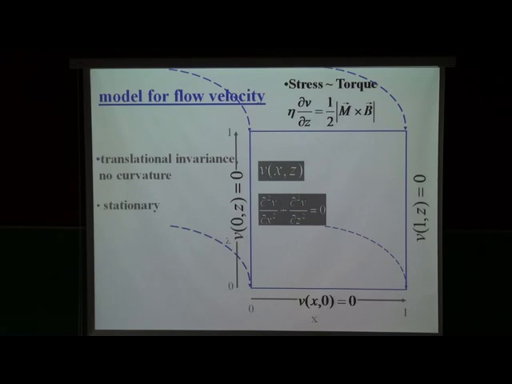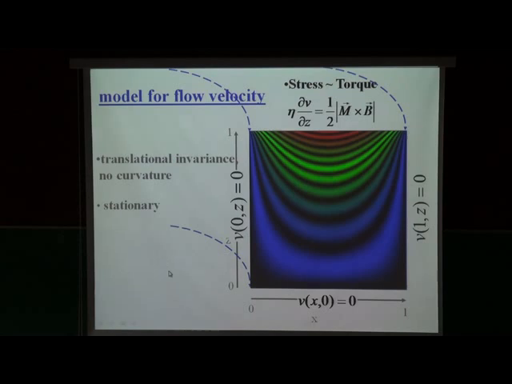It's a cross product of the magnetization and the applied induction, and this describes the decay of the velocity with the depth of the container. And if you calculate that model, you get that kind of flow distribution. So red means fast flow on top, and blue means low velocity.